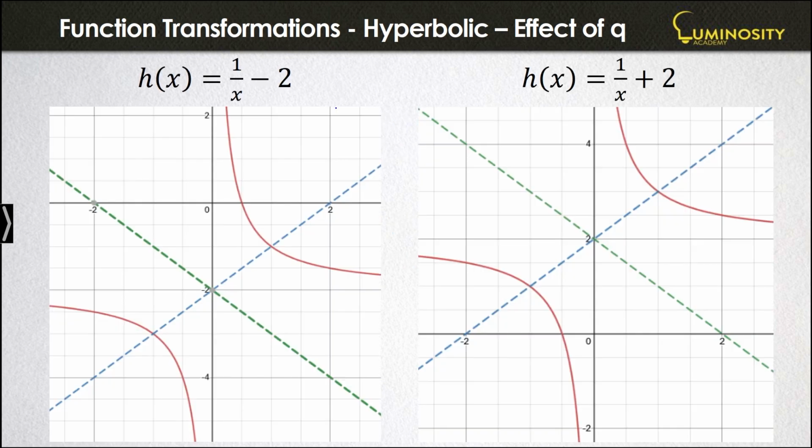In the first part on the left side, we have a -2 for our q, so our graph shifts downward by 2 units. And on the right side, we have a +2, so our graph is going to shift upwards by 2 units. And this is exactly what q does. It just shifts it up or down depending on whether it's positive or negative.